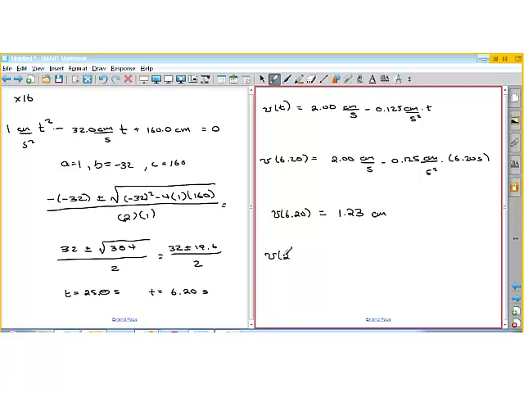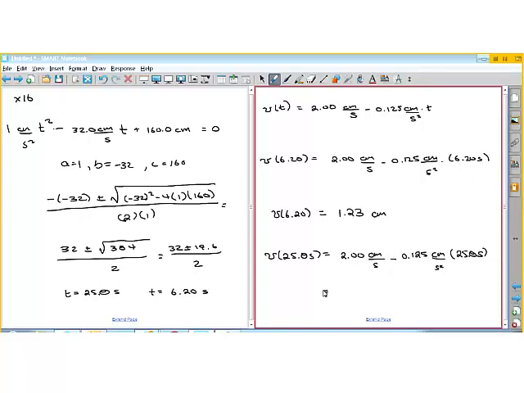which is positive, which is what we expected, and then you can do velocity at 25.8 seconds. 2.00 centimeters per second minus 0.125 centimeters per second squared times 25.8 seconds.